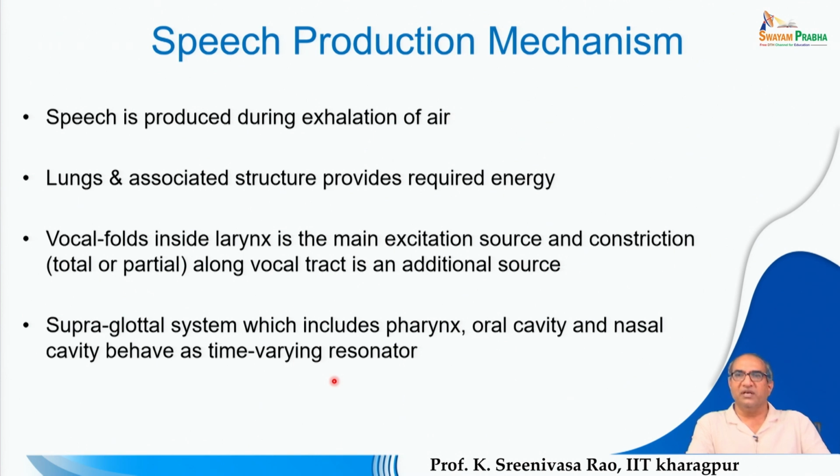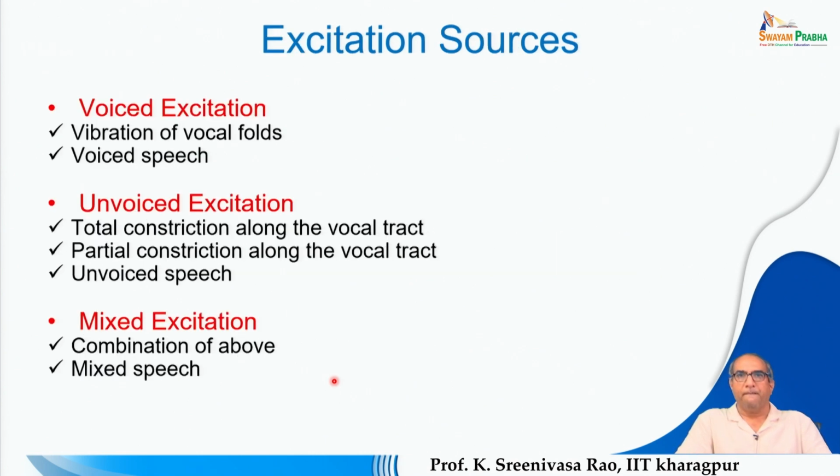This excitation excites the vocal tract, and that gives you the different sound units. That was the basic idea about the speech production mechanism from a human perspective. By knowing this, we will try to perform speech processing from a machine perspective.